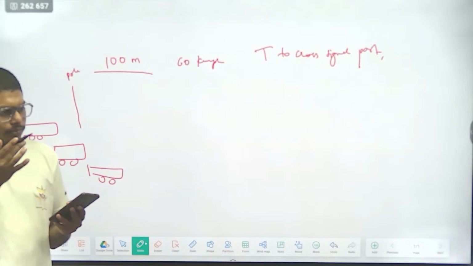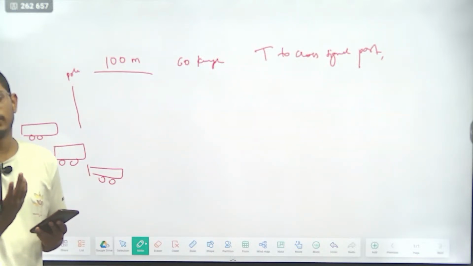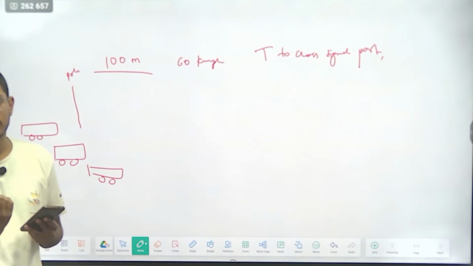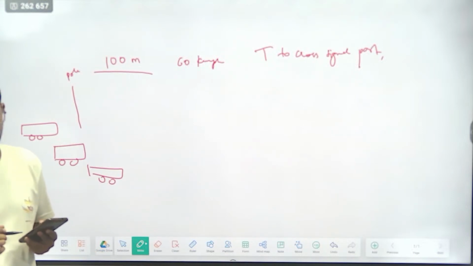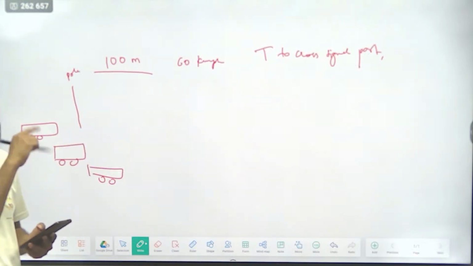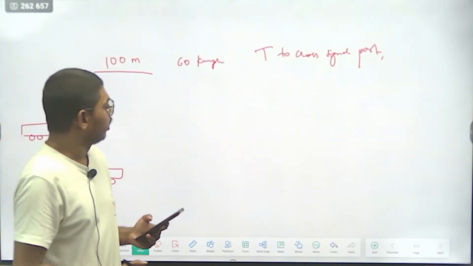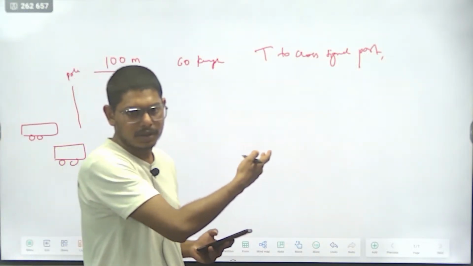So if there is a 100-meter train, what distance do you consider for the train to have crossed the pole? Is it the center of the train? Who told you that? It is not specified. If they specify that the center of the train has passed, then we'll have a different equation, and the distance will reduce by half.